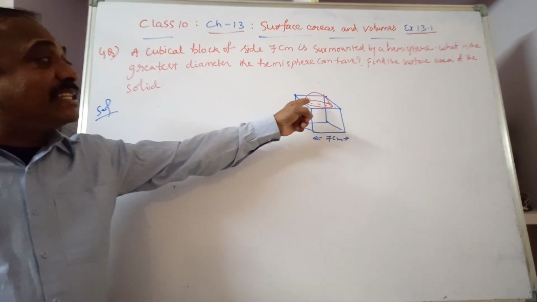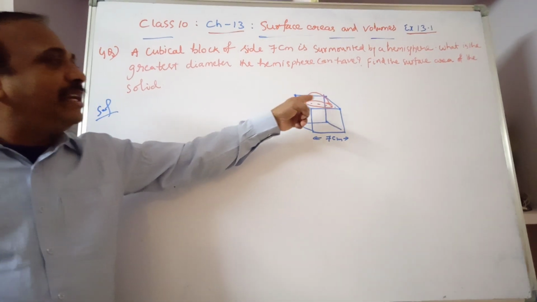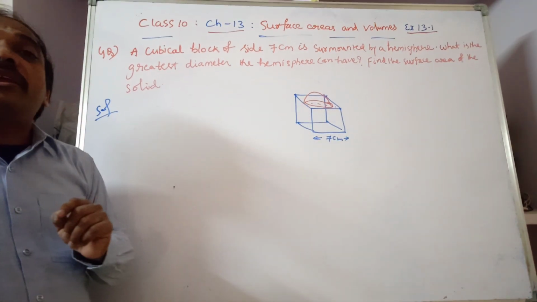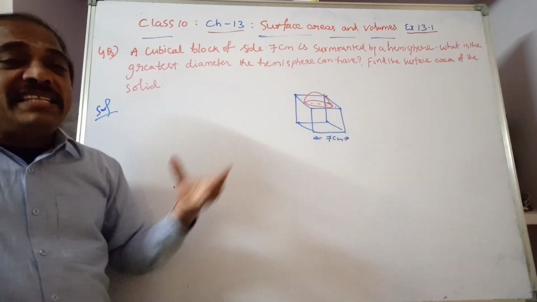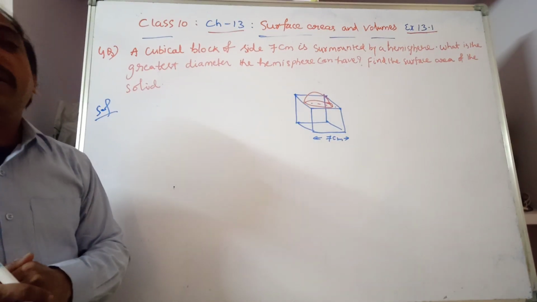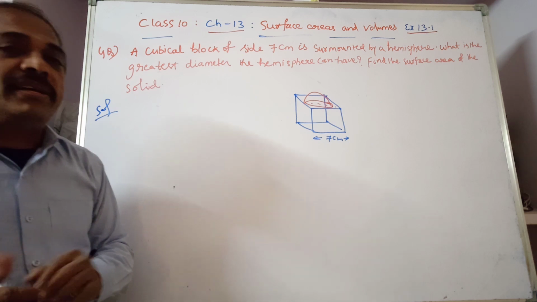We need to subtract the area of the circular base of the hemisphere, as it is covering the cubical block.